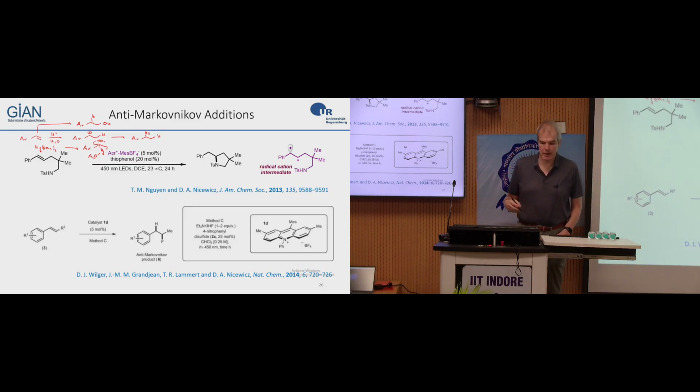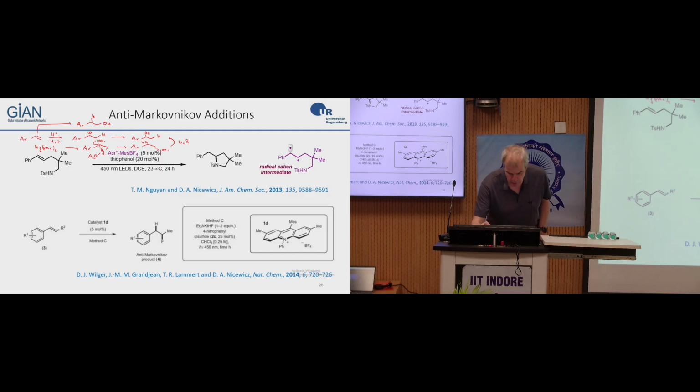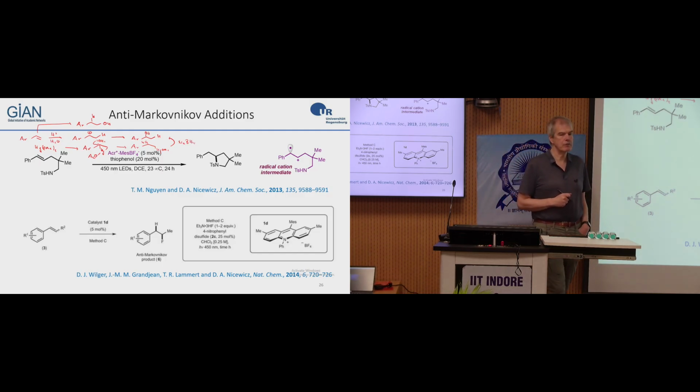It's an SN2 reaction, it's more stable, and then you go through an intermediate which looks like this, mercury acetate, and this usually you need to reduce with sodium borohydride in order to get this. But this gives you the Markovnikov adducts.